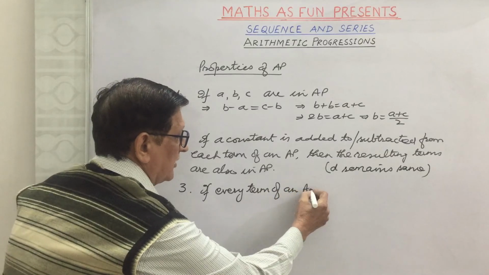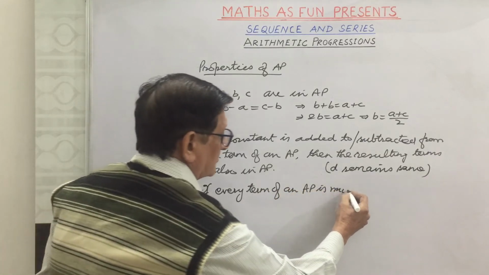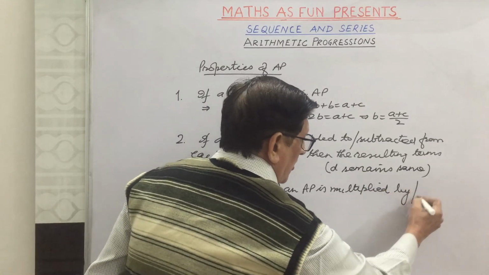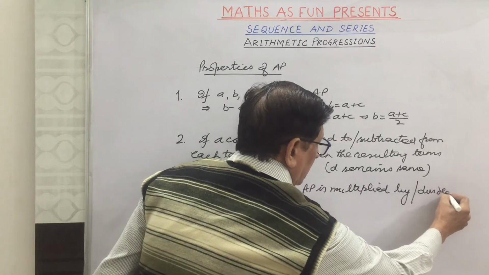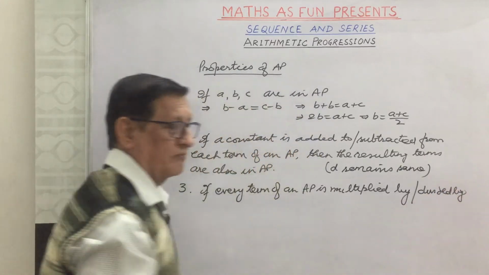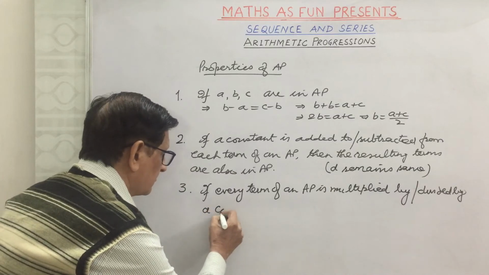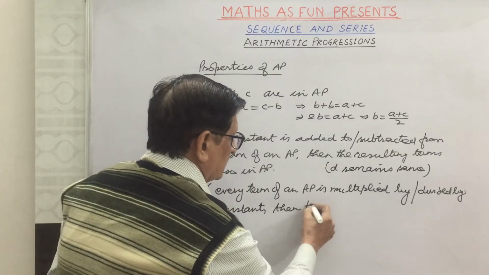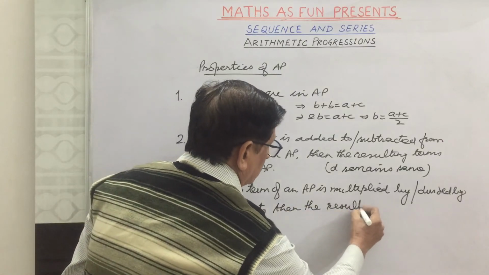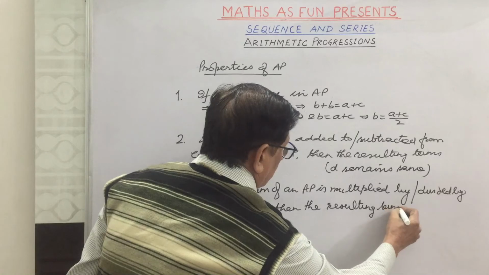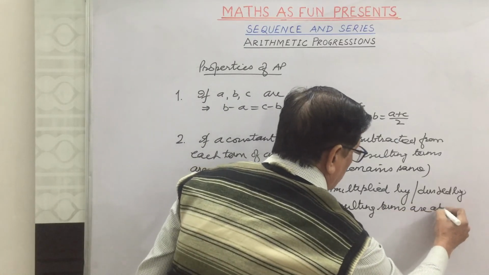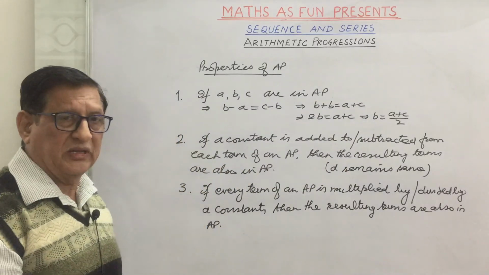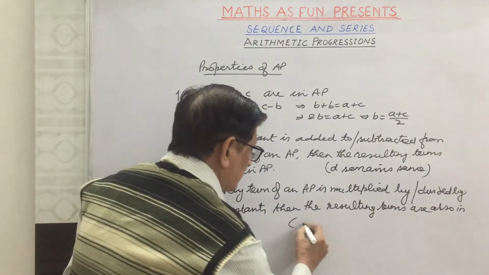The next property we can have: if every term of an AP is multiplied by or divided by a constant, then the resulting terms are also in AP. But in these cases D will change.